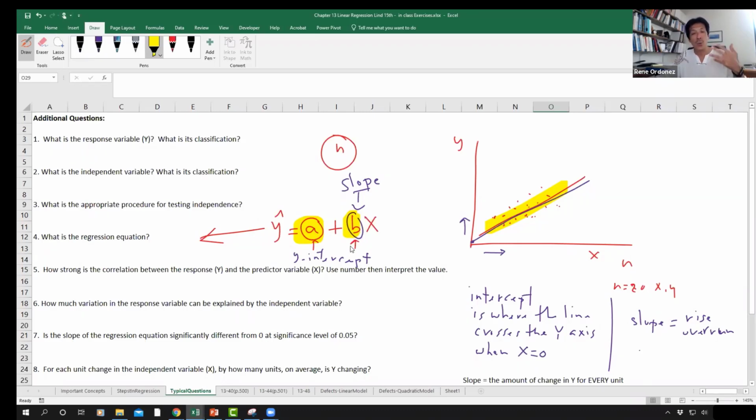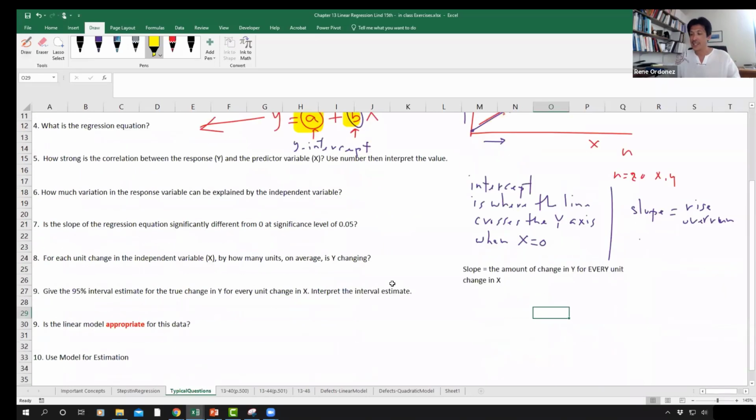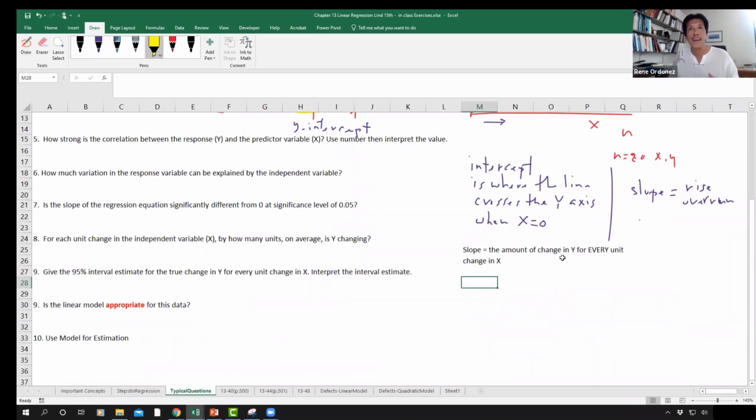We can answer other questions that we might be interested in. How strong is the correlation between x and y?